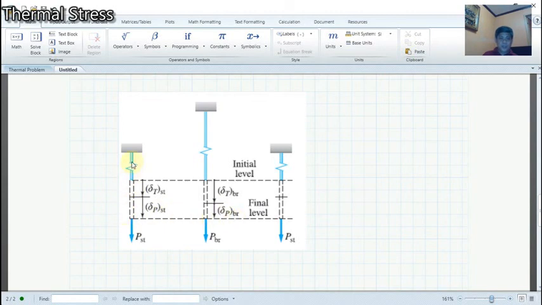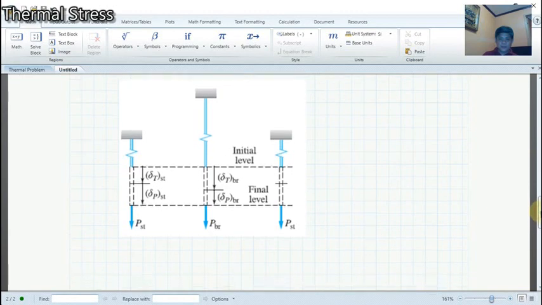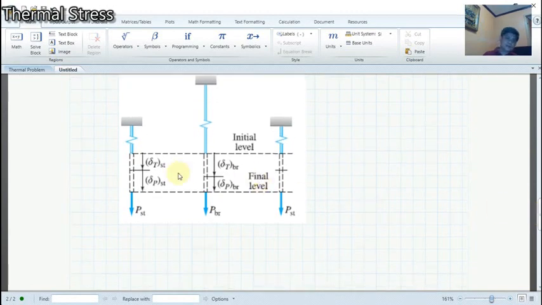So the steel rod will produce this elongation as well as the bronze rod. Okay, but the requirement of the problem is they should be at the same level.